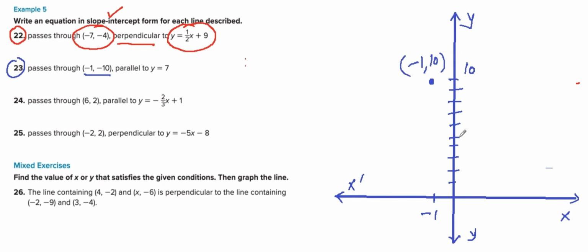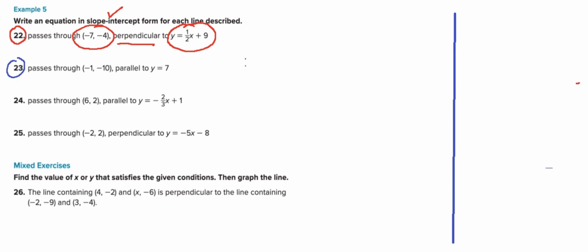Sorry, minus 10, not positive 10. So it will be down somewhere. I thought it was a positive 10. So minus 1 will be here, suppose, and minus 10 will be here somewhere.